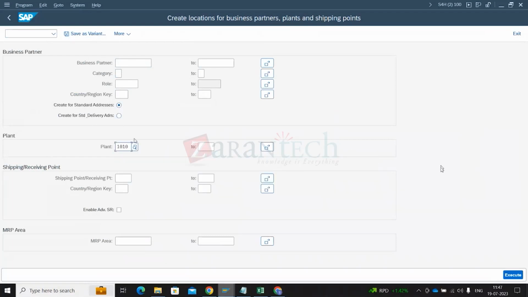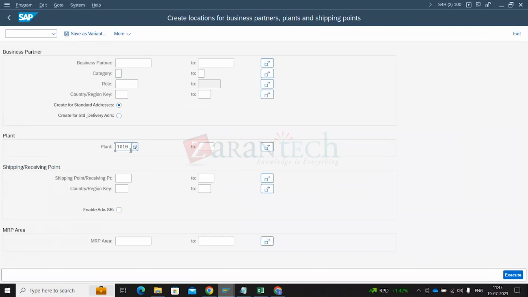Rest of the things, no issues to be selected. Since we are working in the PPDS part, we focus only on the plant side, but the business part or shipping, receiving, they are from the network planning perspective. So if somebody wants to do network planning also in PPDS, they would go in that direction, but we would go in here.